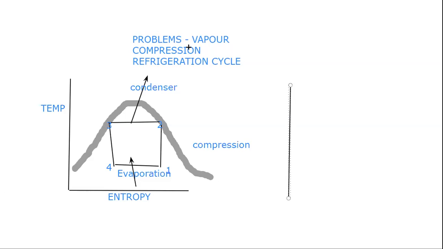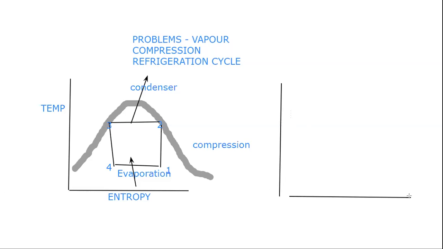The vertical line represents pressure, and the horizontal line, the x-axis, represents enthalpy. I'm just going to draw the enthalpy line, 1 minute. Let us say this is the enthalpy line.